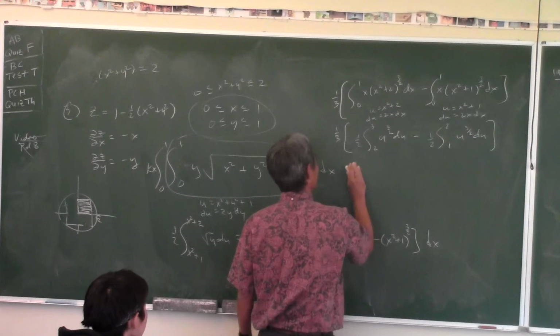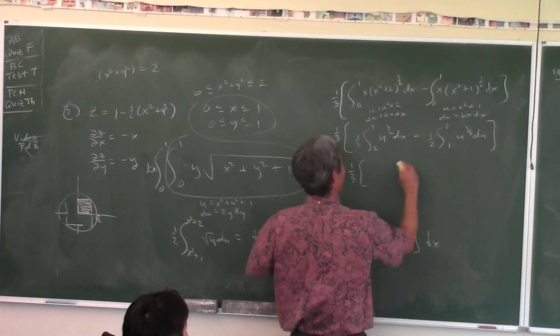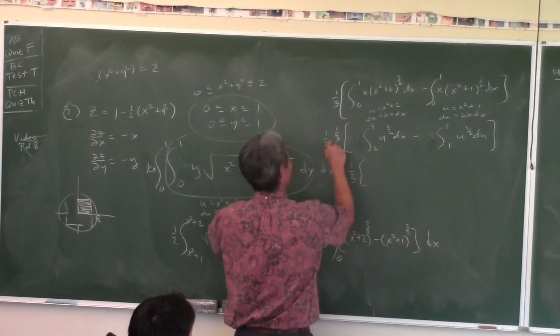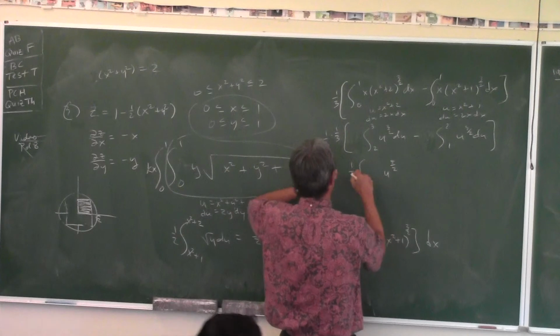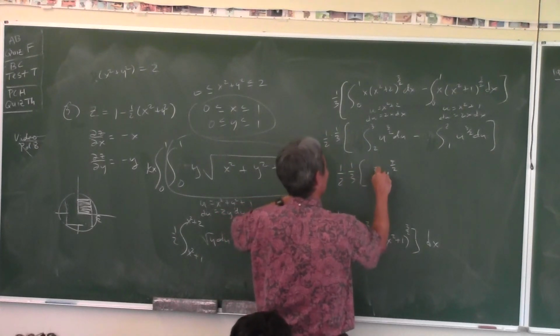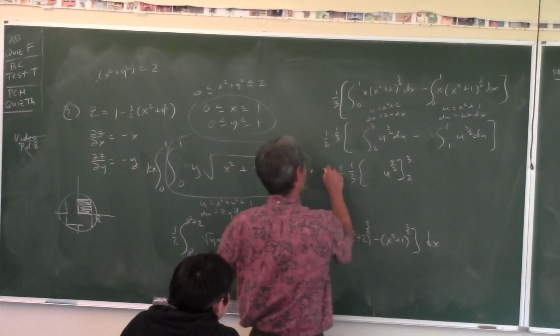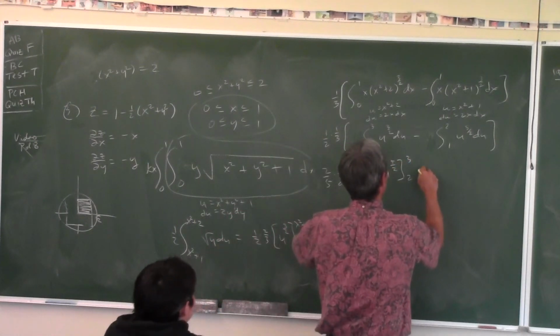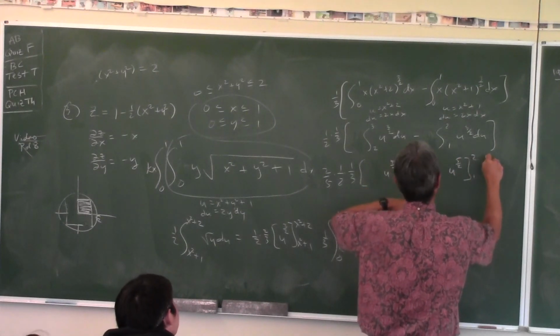I'm going to factor out the 1/2. u to the 5 halves times 2/5 from 2 to 3. I'm going to factor out the 2/5, minus u to the 5 halves times 2/5 from 1 to 2.